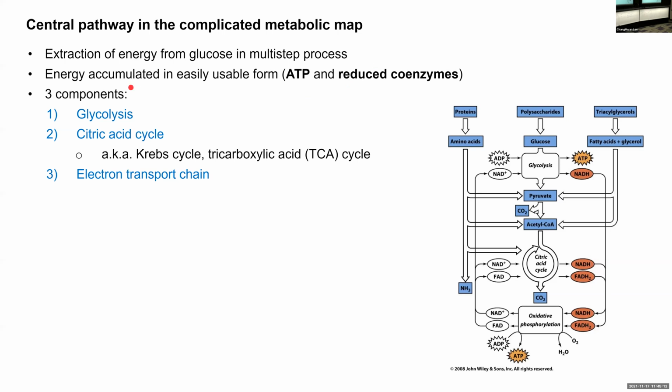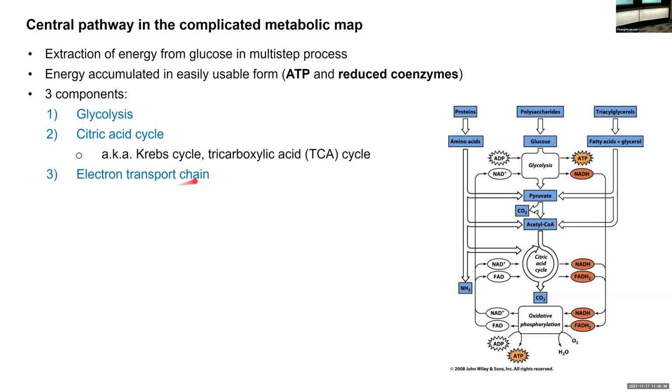There are 3 components for this central pathway for metabolism. The first one is glycolysis, which is the top of those pathways that breaks down glucose. The second one is the citric acid cycle, also known as the Krebs cycle or TCA cycle. These are basically the same thing.